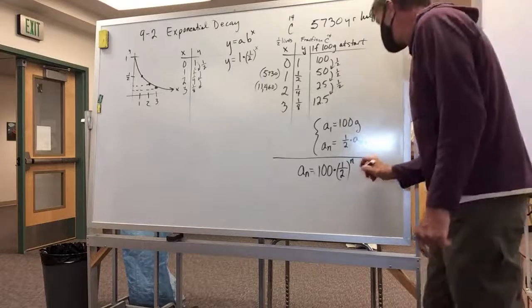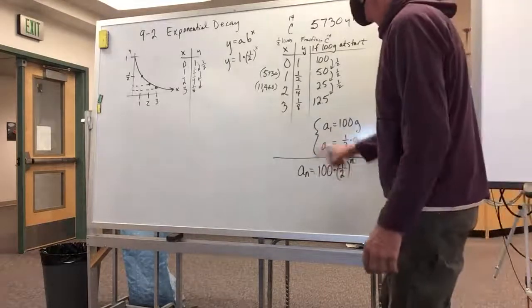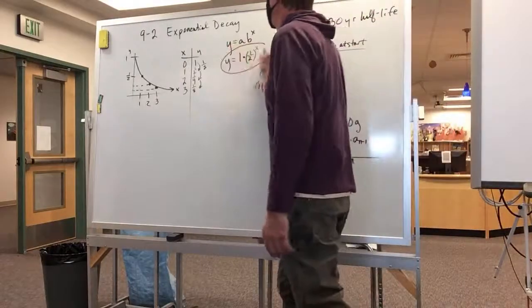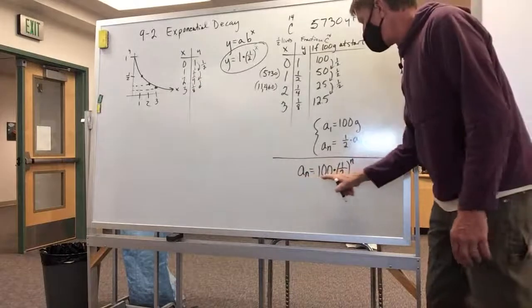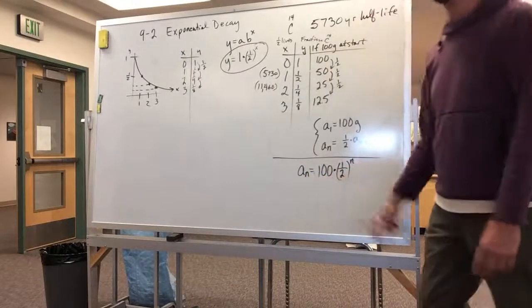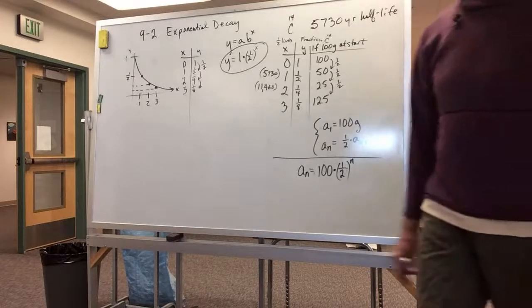So this is for all integers of n. So if you look at the explicit formula, it's basically this right here. Y equals a b to the x. Those are the most useful forms that there are.